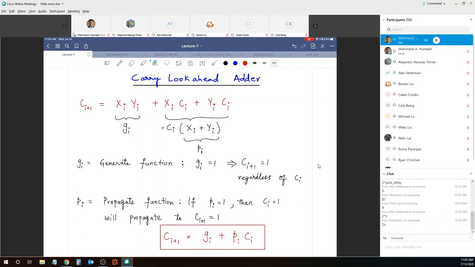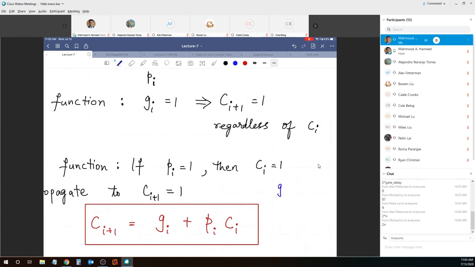But you know, there's another reason why they have been defined this way. The main reason is this: g sub i and p sub i are independent of carries, right?